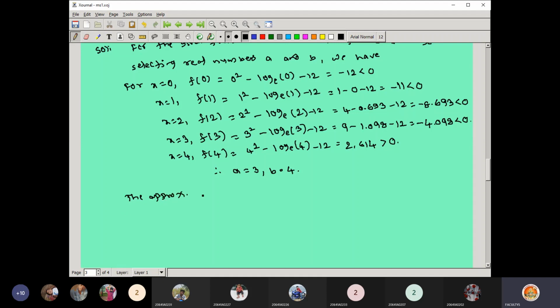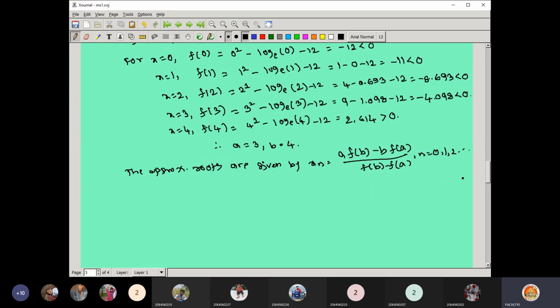So once you get a and b values, now you write down the approximate roots. The approximate roots are given by the formula x n equal to a f of b minus b f of a, divided by f of b minus f of a. Here n takes values 0, 1, 2 and so on. Start with the first value, for n equal to 0, you get x naught.